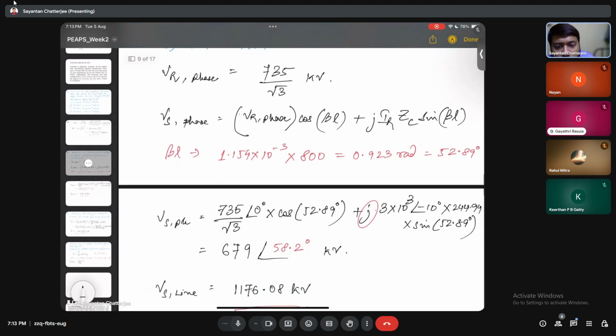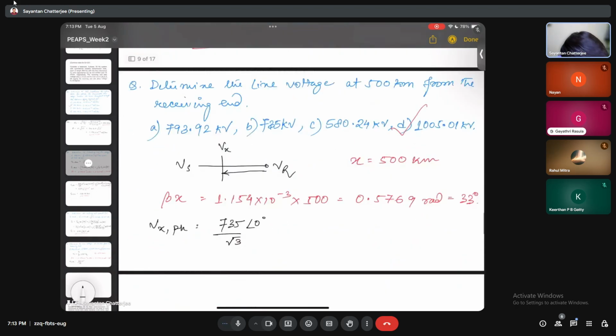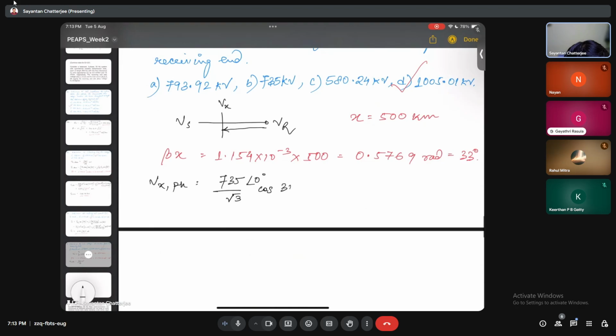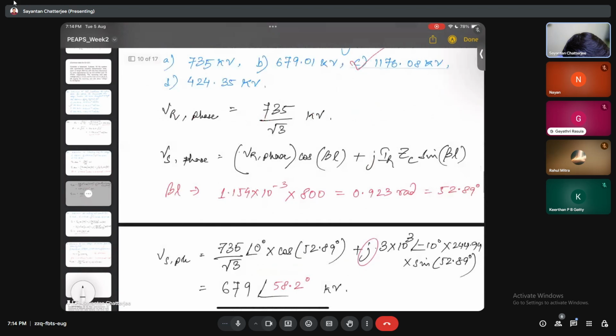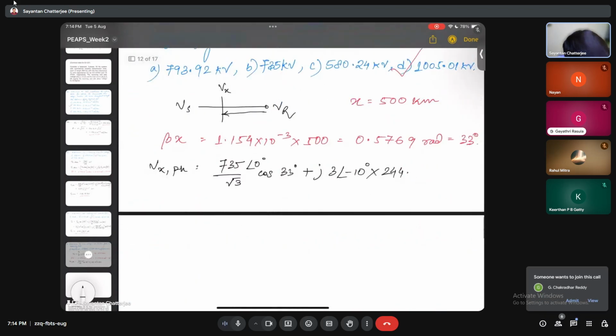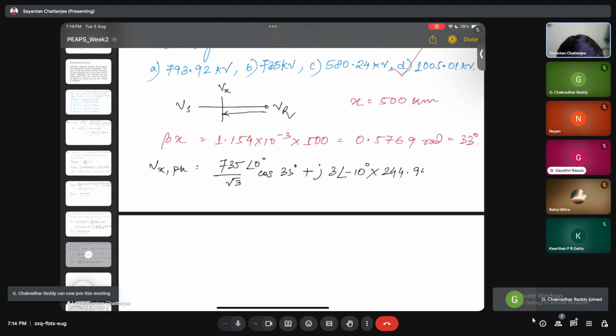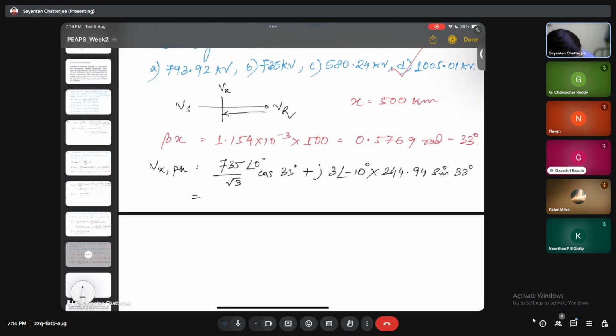Beta x we have calculated, so cos 33, plus j IR ZC sin 33. IR is the same value, 3 angle minus 10 into 10 to the power 3, and ZC is 244.94. So this will be the phase value.